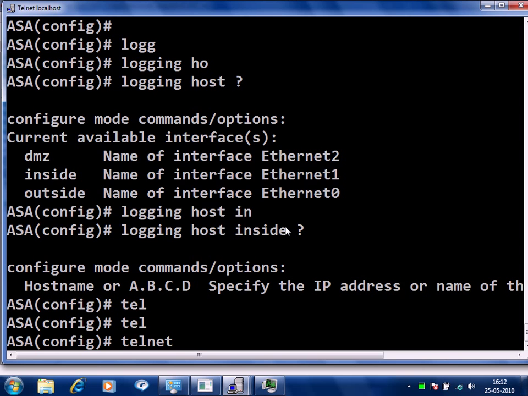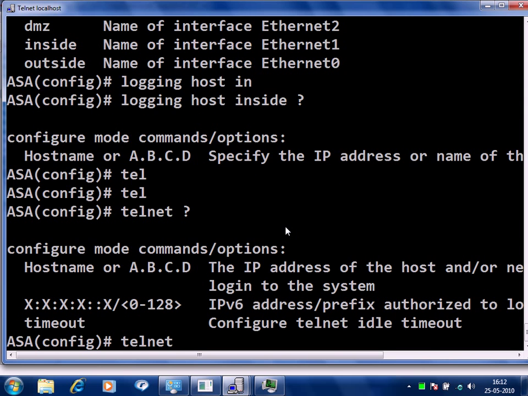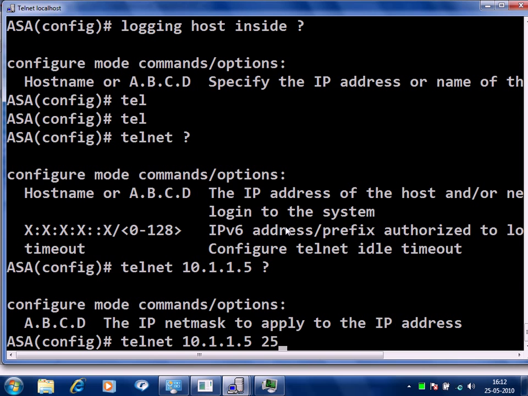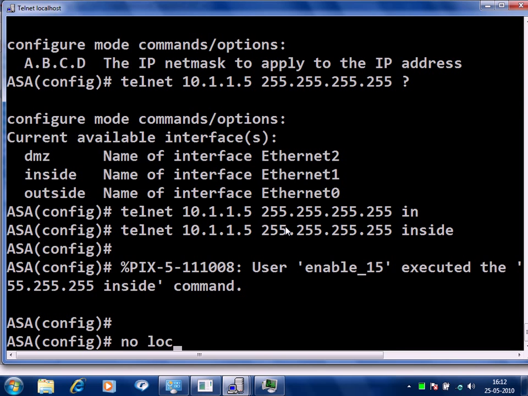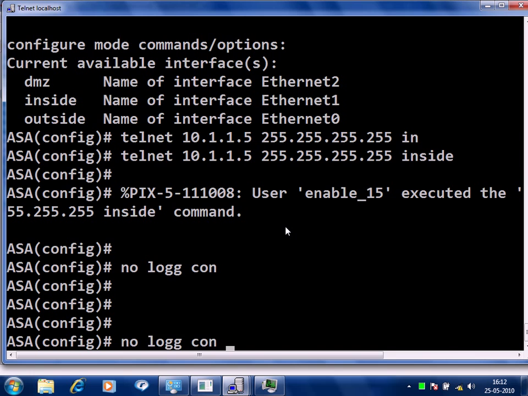By using the command telnet question mark, you will say which host you want to permit, who is coming to your device. Let's say 10.1.1.5, the mask is this one, and he is coming from inside. So what I executed is telnet 10.1.1.5 coming from inside.